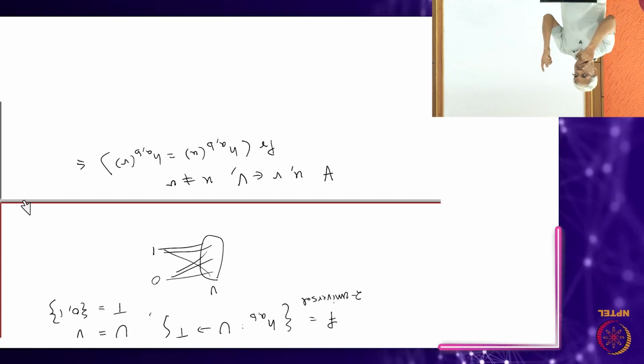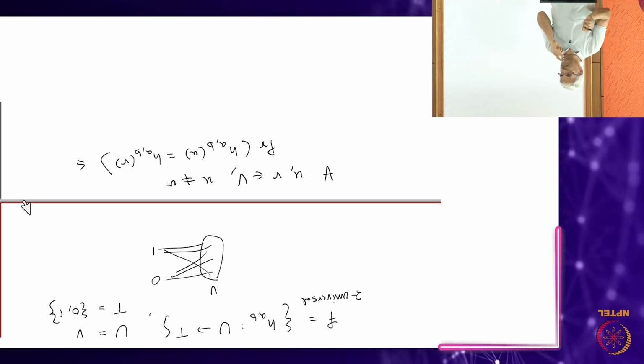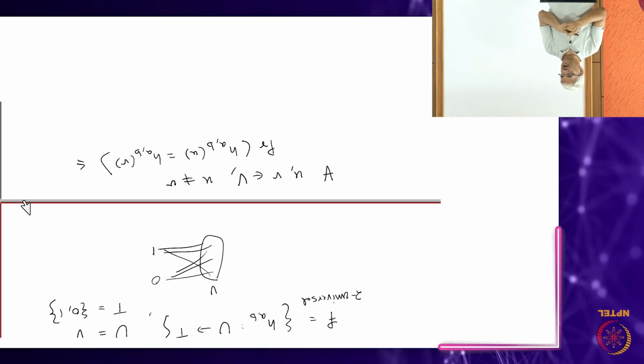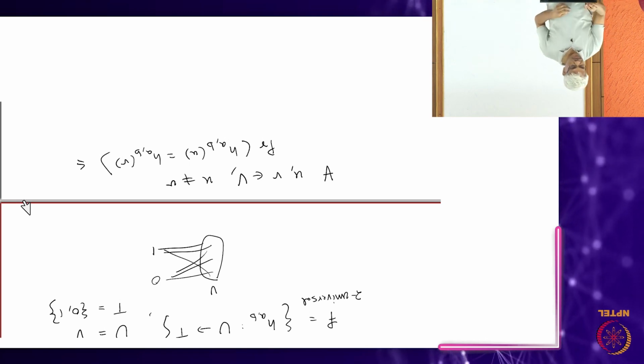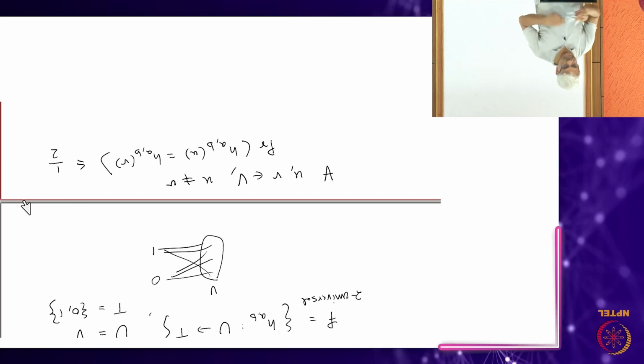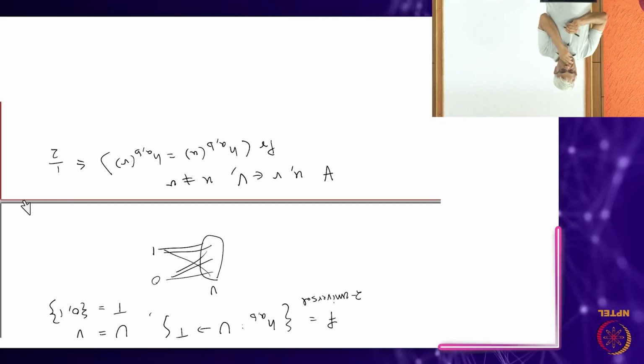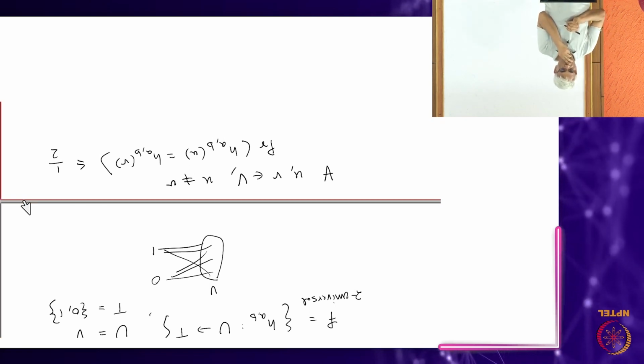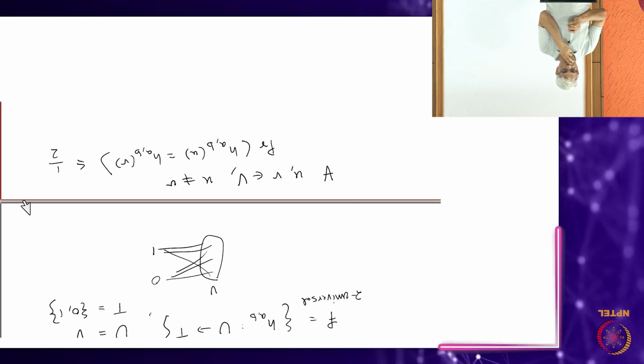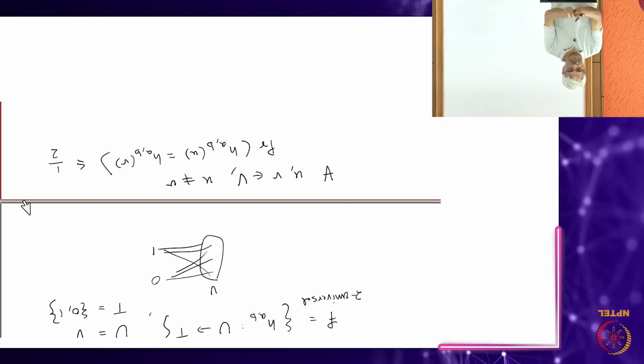In terms of probability, 1 by t, and t is 2 for us. So, it is at most half. So, this is pairwise.